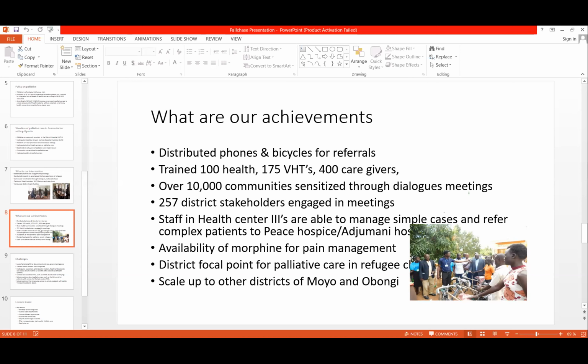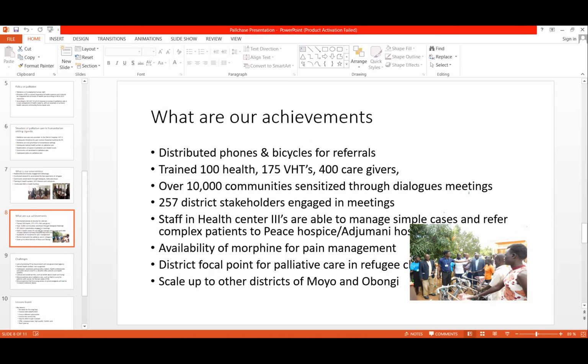The health center 4s, health center 3s, now as we talk, some of them can manage simple cases, but still refer complex cases to the hospital. Now we have availability of morphine, both in the hospital and in a health center 4.